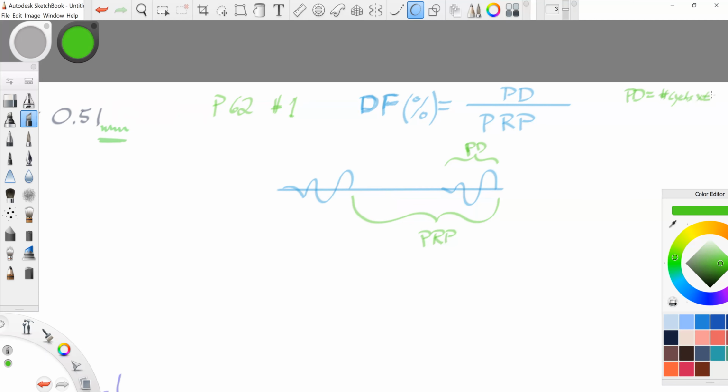If we call this whole area a PRP here, and we call this down here the PRP, well, that's the same as saying the PRP went up, the duty factor went down. Okay.